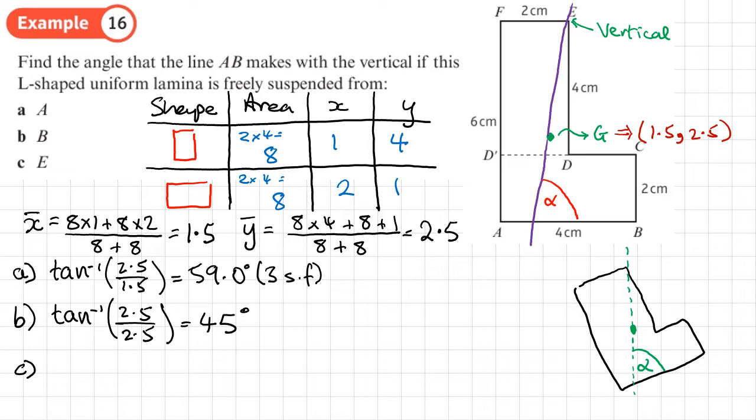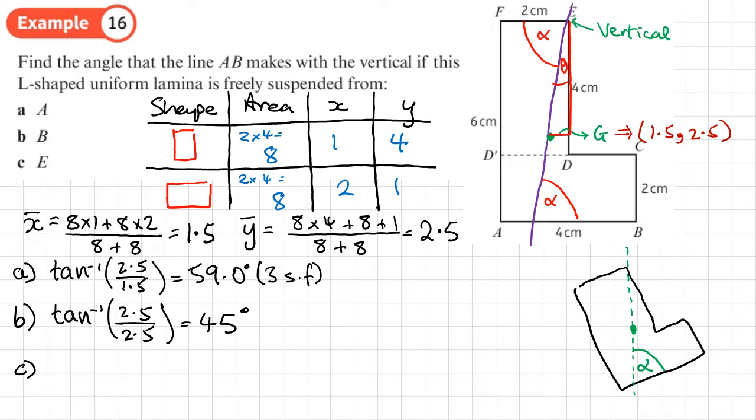So this angle here is also going to be the same as the angle that I want to find. So to do that, I need to find this angle in here. We'll call that theta. So I'm going to draw in my right angle triangle and then work out the lengths to allow me to work out this angle here.